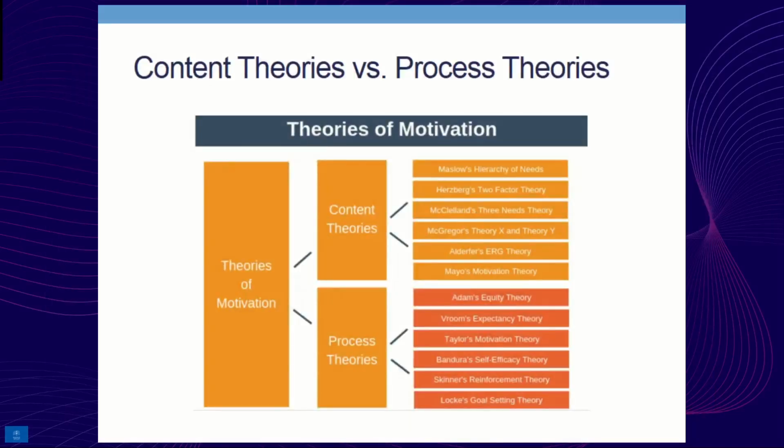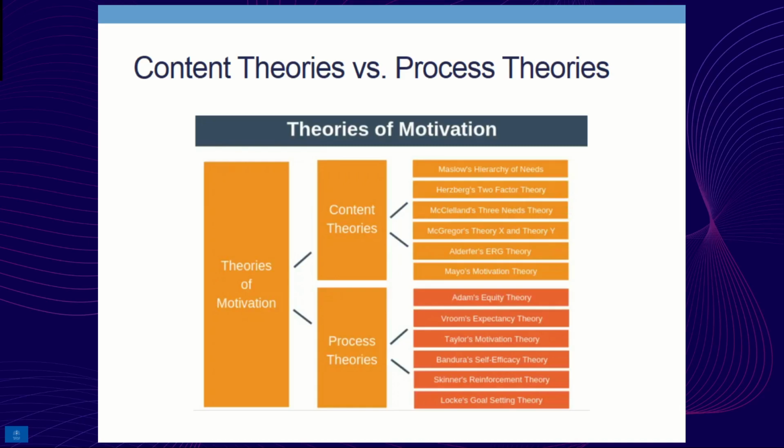As we already discussed, there are many different theories of motivation in existence, and each of them is different. However, they can be categorized in two groups, known as content theories and process theories. Content theories are also sometimes called needs theories. They look at motivation from the perspective of our needs and aspirations.